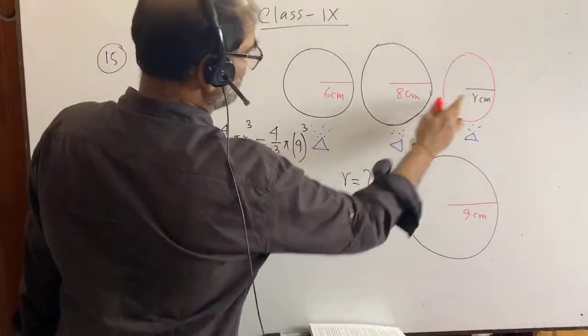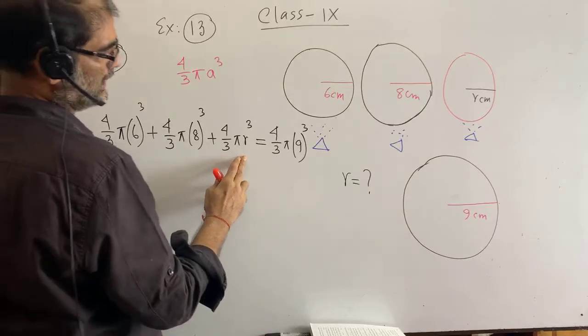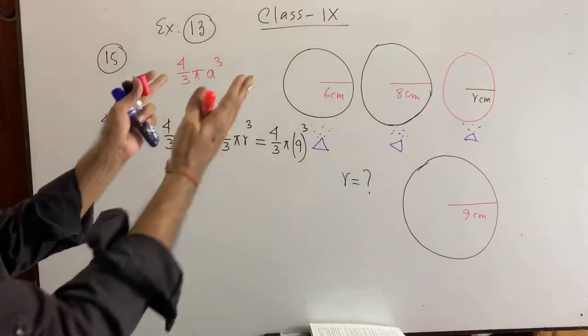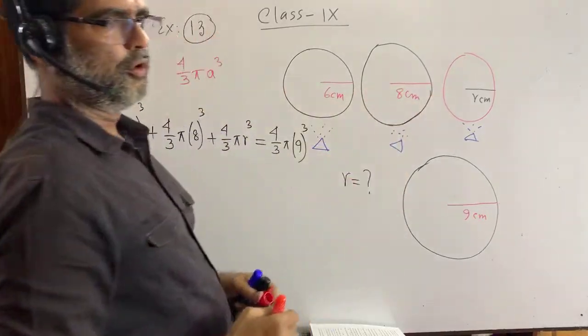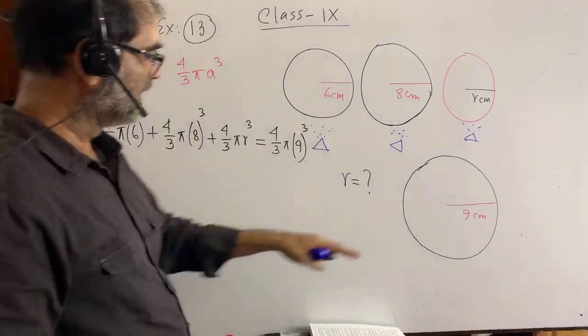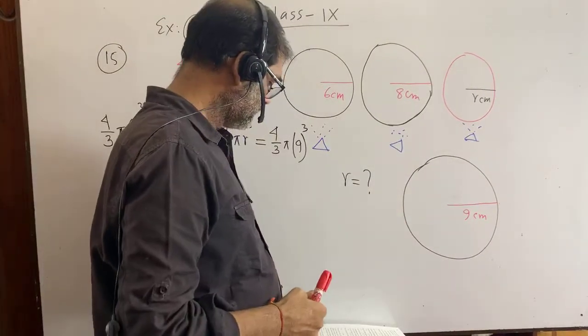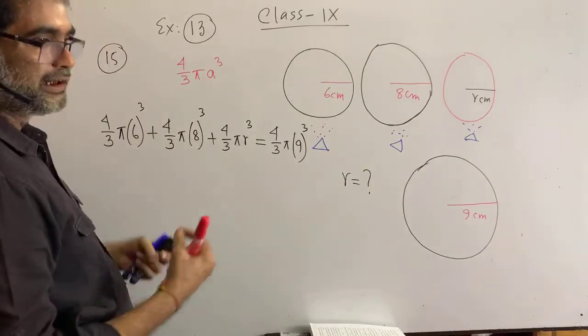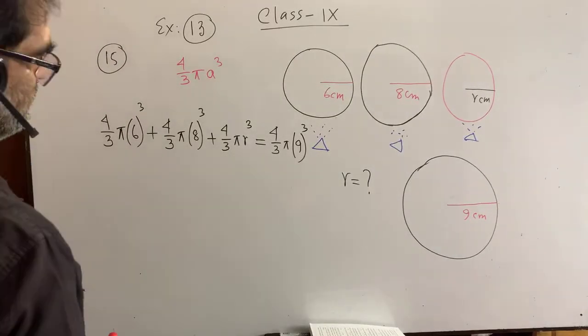Here radius is r centimeter. Here radius is 9 centimeter. That is, if we melt all these three balls, the molten part will be used here to form a new spherical ball.